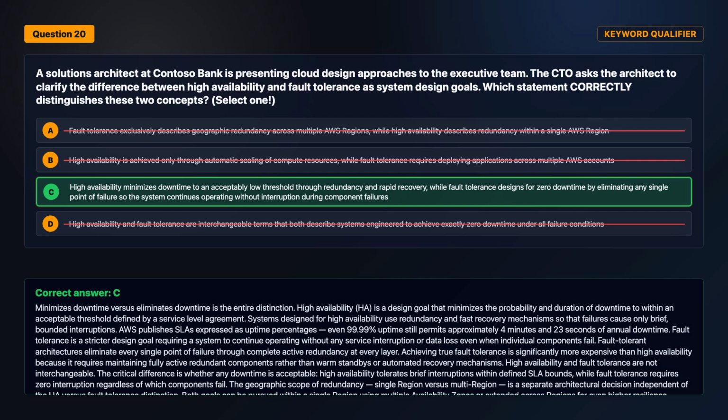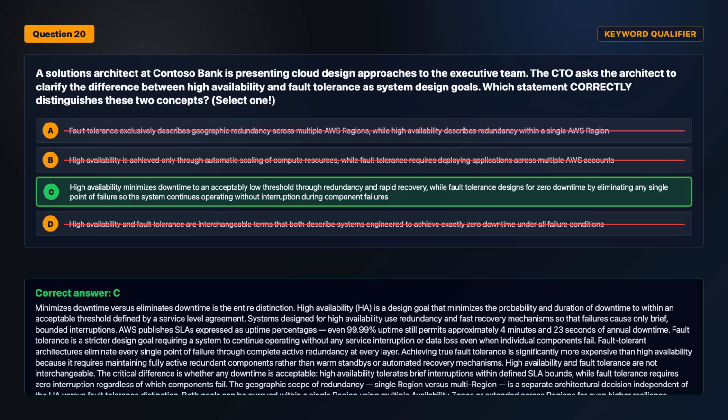Achieving true fault tolerance is significantly more expensive than high availability because it requires maintaining fully active redundant components rather than warm standbys or automated recovery mechanisms. High availability and fault tolerance are not interchangeable. The critical difference is whether any downtime is acceptable. High availability tolerates brief interruptions within defined SLA bounds, while fault tolerance requires zero interruption regardless of which components fail.